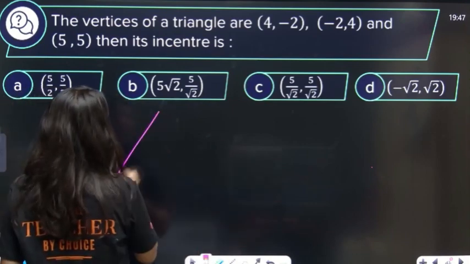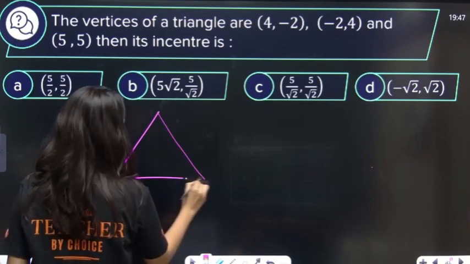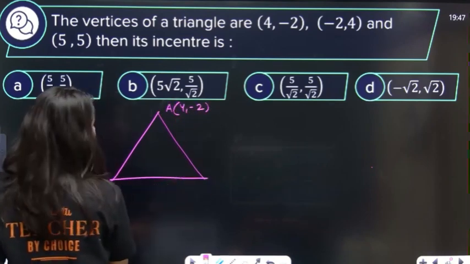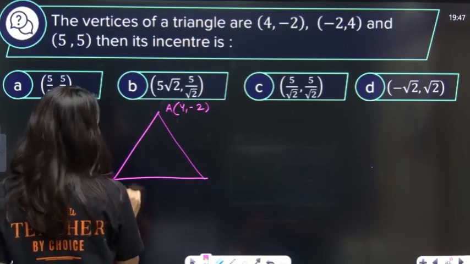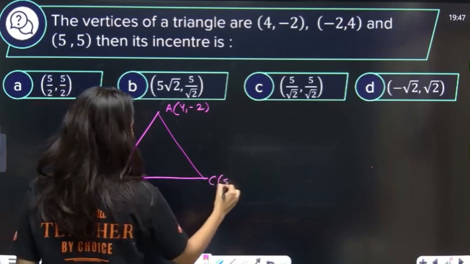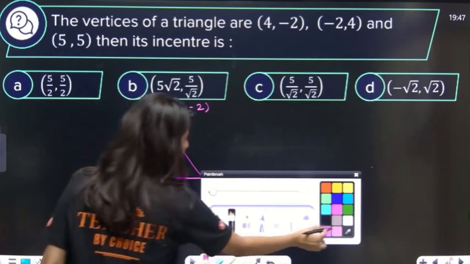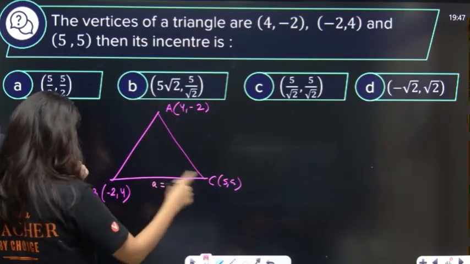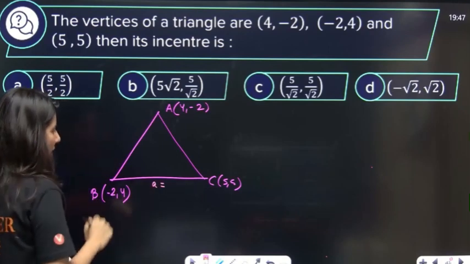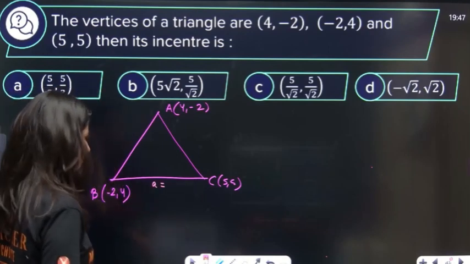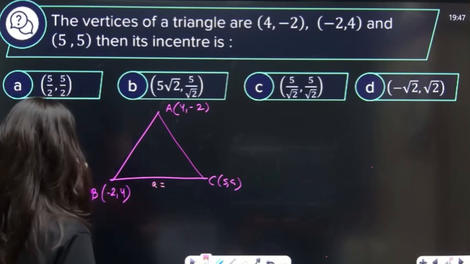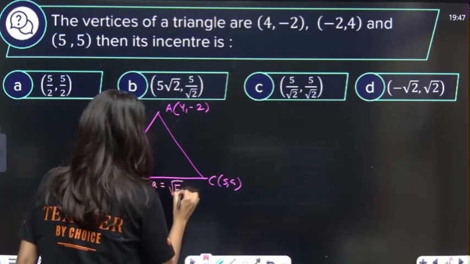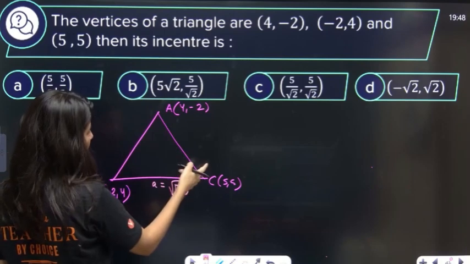Okay. So vertices of a triangle are given to you. Let me just mark A is (4, -2), B is (-2, 4), and C is (5, 5). Now help me. So this small a is going to be equal to root of 49 plus 1, so root 50, I guess. What about B?